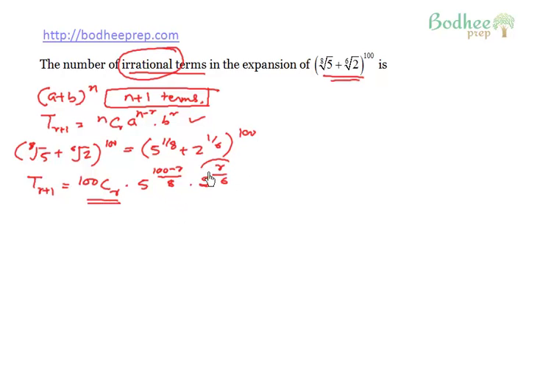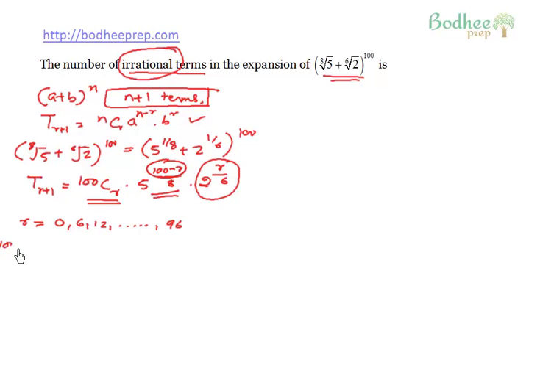Now we can see that for this term to be rational, the value of r must be a multiple of 6. So r should have values such as 0, 6, 12, and so forth till 96, because the maximum value r can take is 100. Similarly, for the other term to be rational, the exponent numerator, that is 100 minus r, must be divisible by 8.